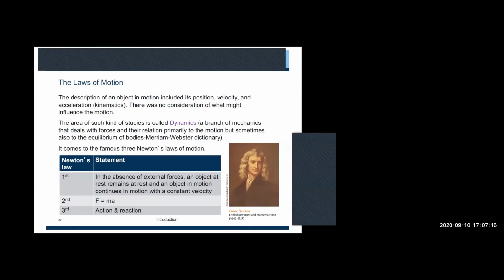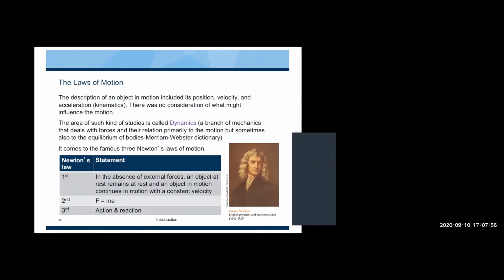The first law states that, well, the laws in physics are usually very condensed language. So basically, every single word would have its exact meaning, kind of like law books, kind of like the regulations in the world. So here, the first law states that in the absence of external forces, an object at rest would remain at rest, and an object in motion would continue to be in motion with a constant velocity.